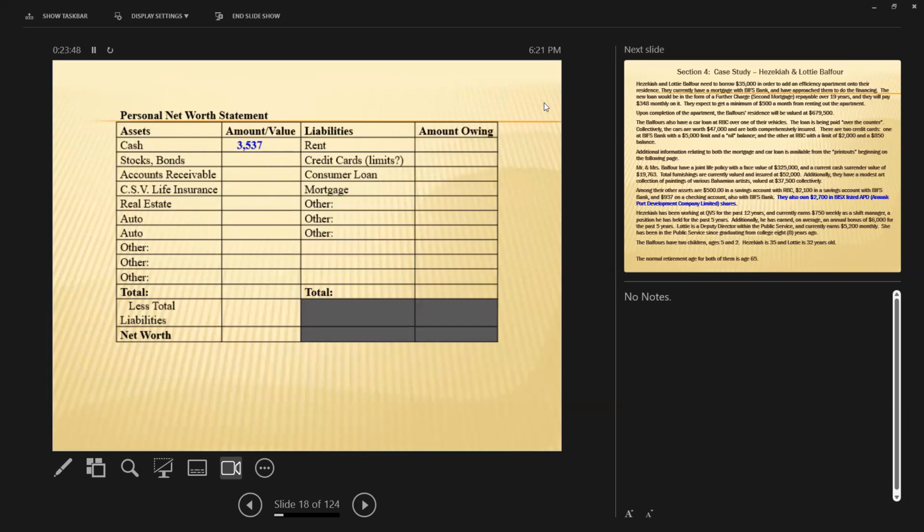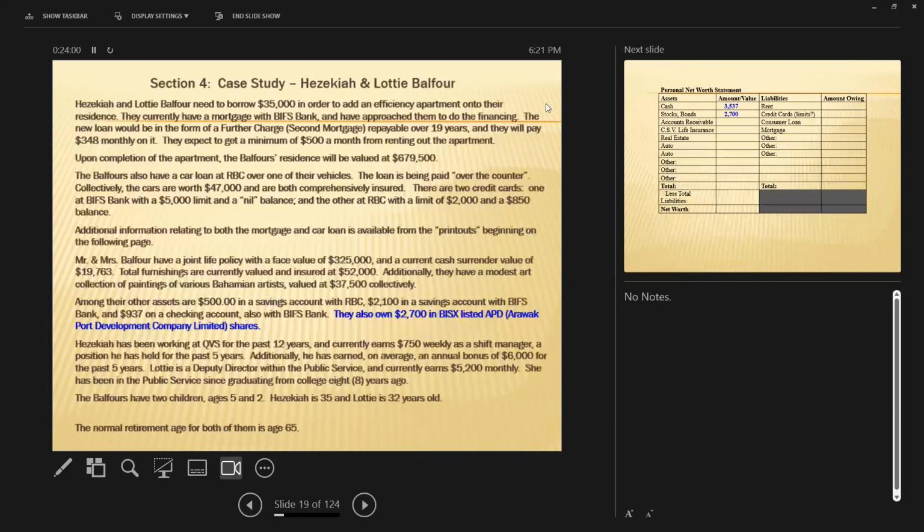Okay. The next thing is stocks and bonds. Do they own any stocks or bonds or shares? Yes. That's in the very next sentence after the cash. It says they also own $2,700 in BISX listed APD, that's Arawak Port Development Company Limited shares.